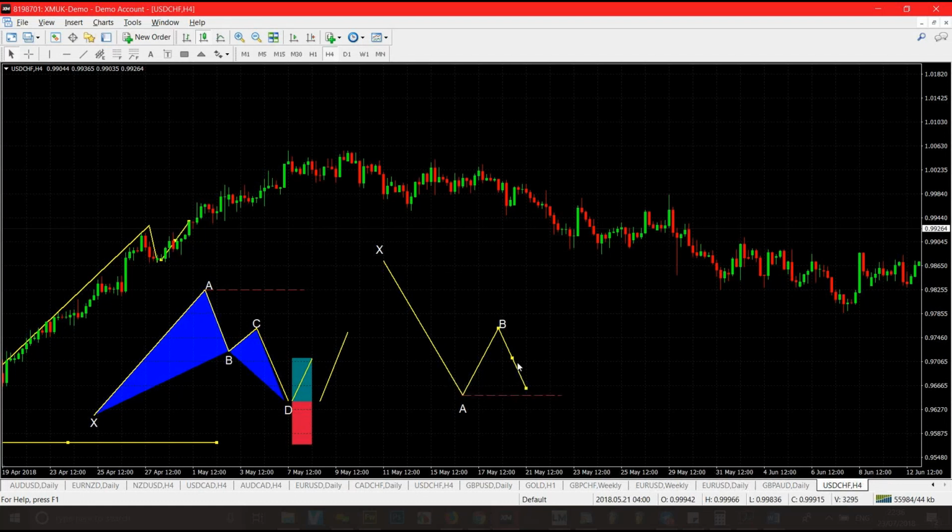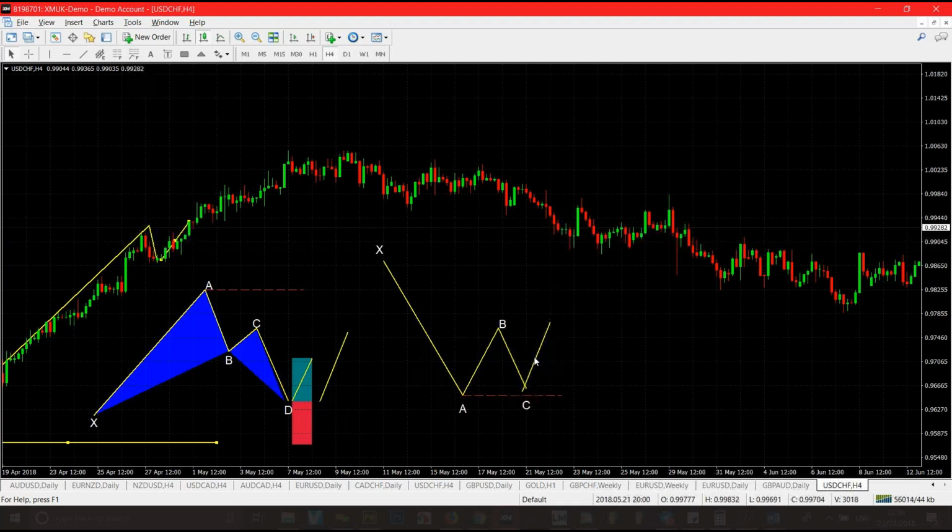So now what are we looking for? We found this. This is your C, isn't it? What are we looking for now? The extension, that's your D. We're looking for the D leg where we're going to enter the market.